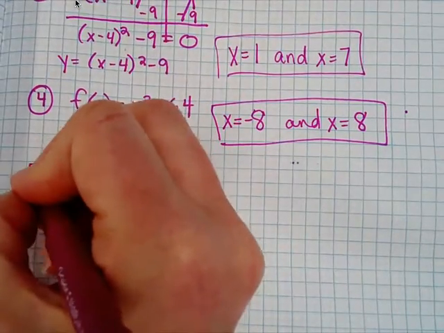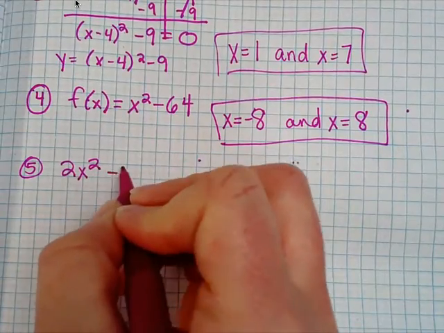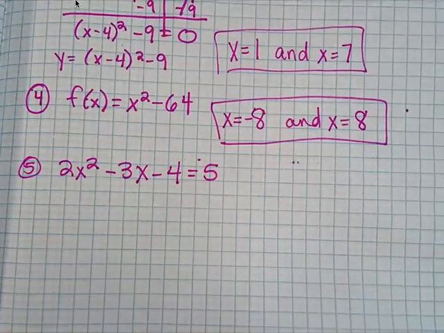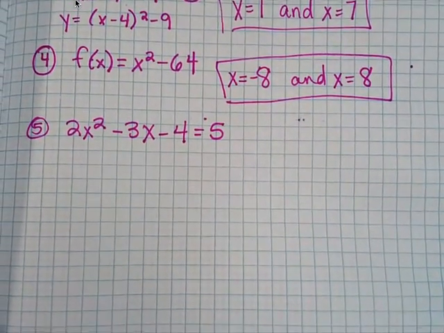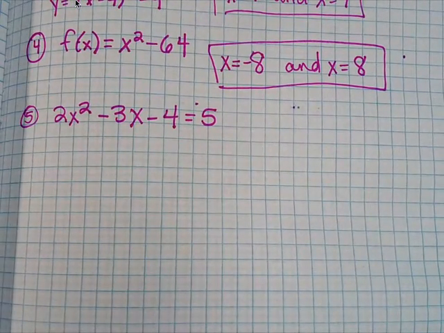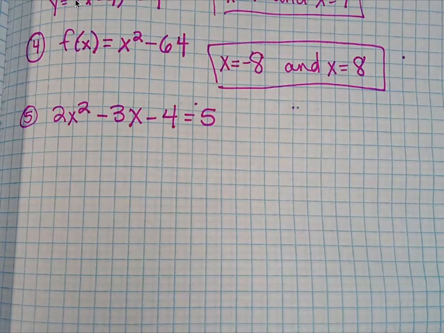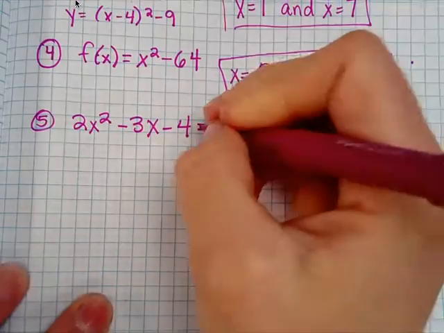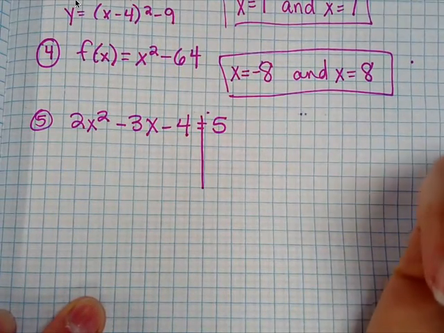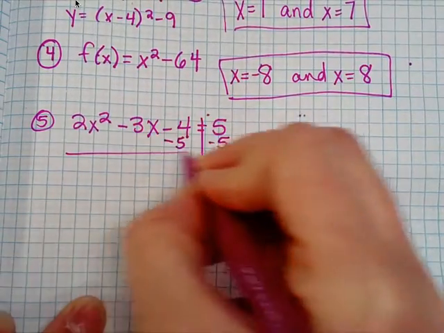Okay, the last one. 2x squared minus 3x minus 4 equals 5. So I need to move the 5 to the other side. Subtract it, put it underneath the like term, which is that -4.